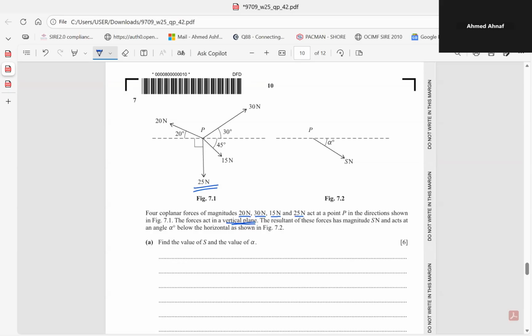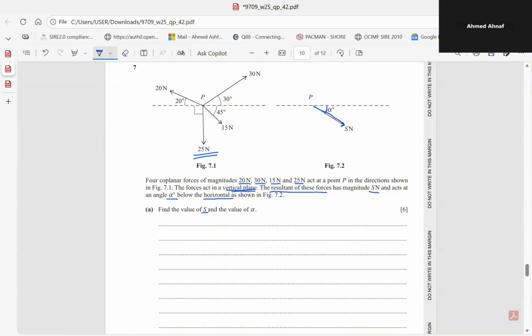The resultant of these forces has magnitude S, and acts at an angle alpha below the horizontal, as shown in figure 7.2. For the first part, we need to find the value of S and the value of alpha. Basically, we need to find the magnitude of the resultant force as well as the angle alpha.